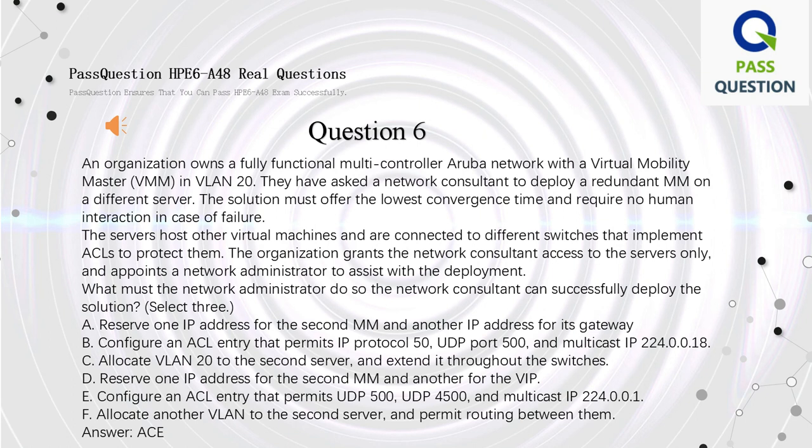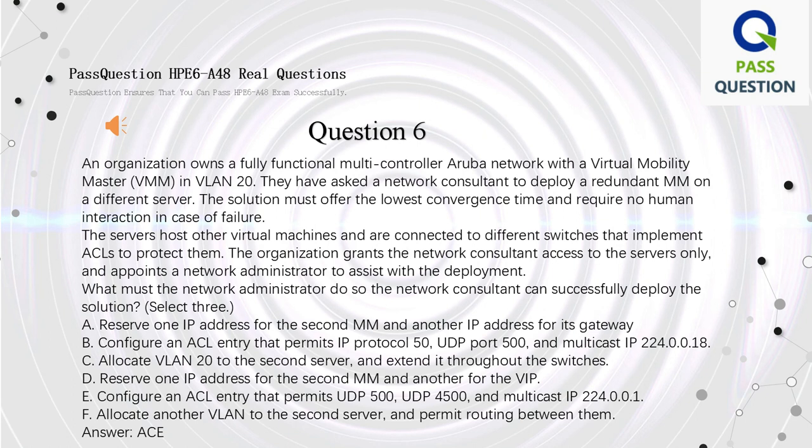B. Configure an ACL entry that permits IP protocol 50, UDP port 500, and multicast IP 224.0.0.18. C. Allocate VLAN 20 to the second server, and extend it throughout the switches.